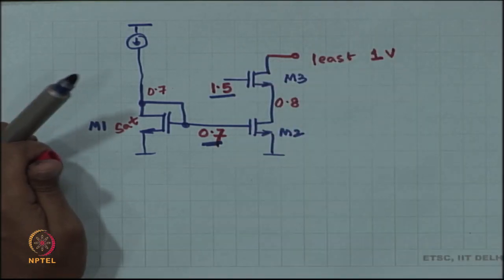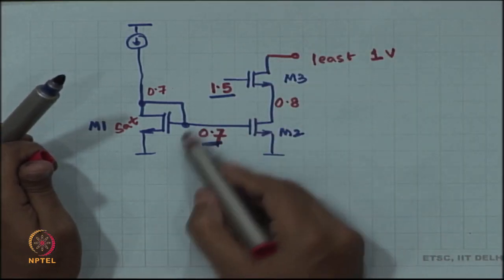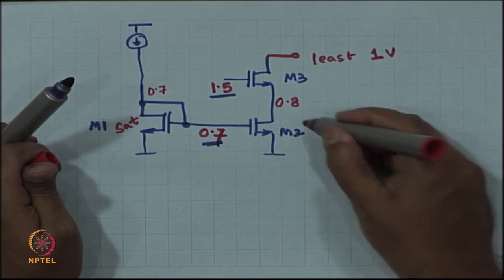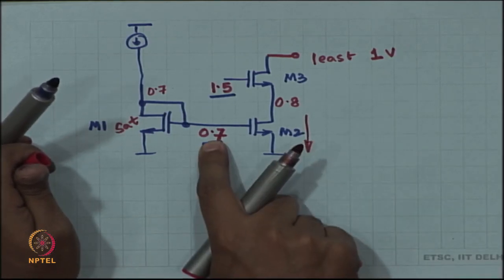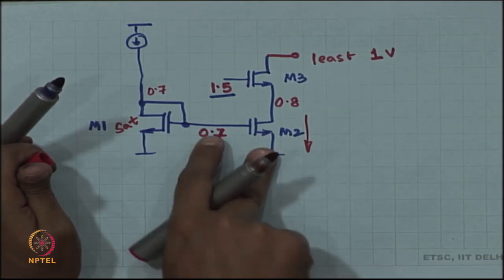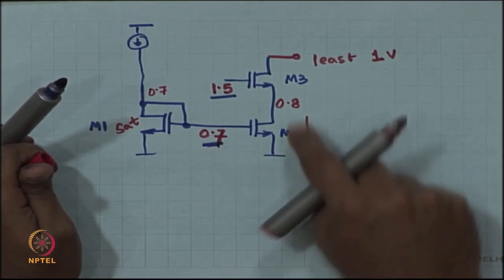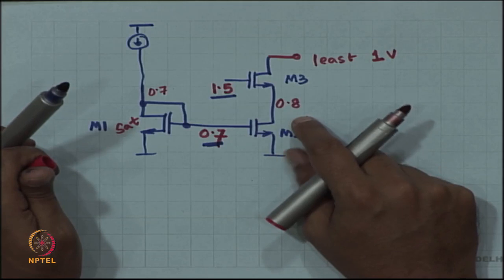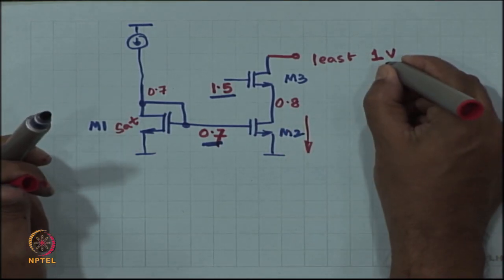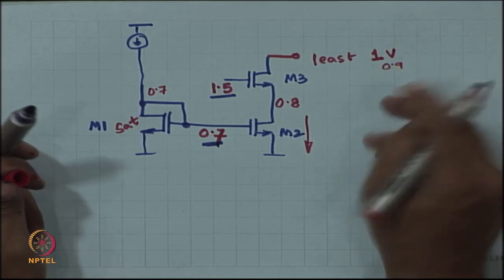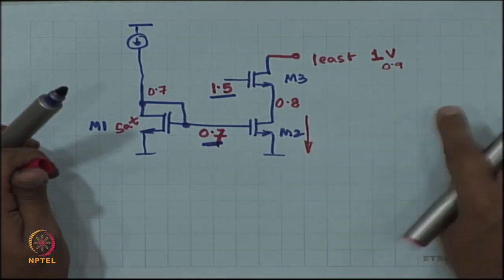M3 is going to drop out of saturation, but M2 is still trying to conduct the same current, right, because M2 still has 0.7 volts across VGS. VDS we do not know, but hopefully let us make this 0.9, let us drop it to 0.9. Okay.